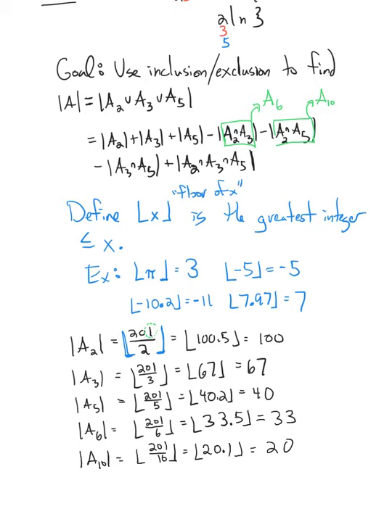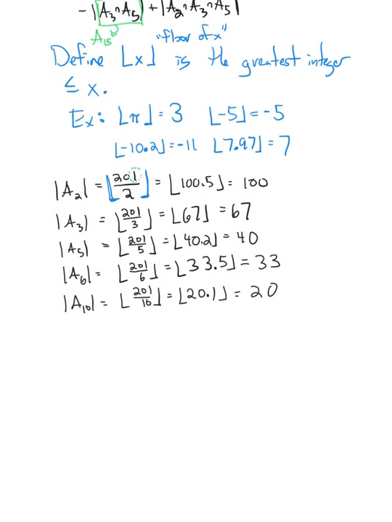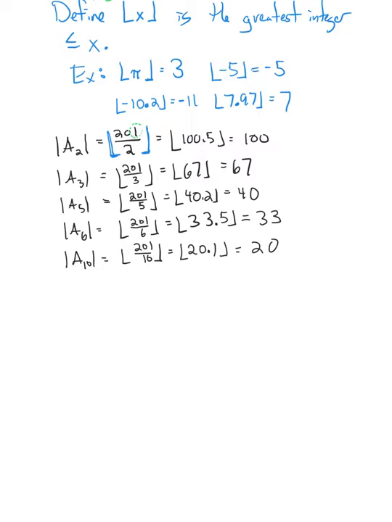Then we have A3 intersection A5. Well, this is just A15. Let's scroll again. So the cardinality of A15 is 201 divided by 15, and figure out the floor of that.